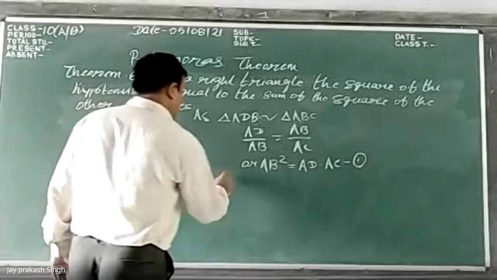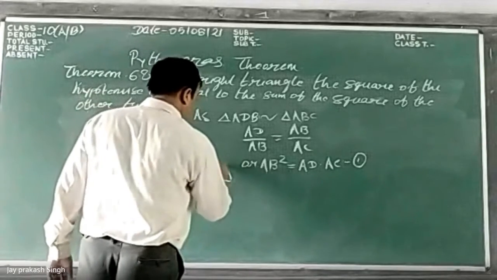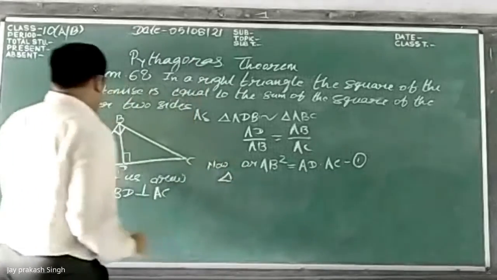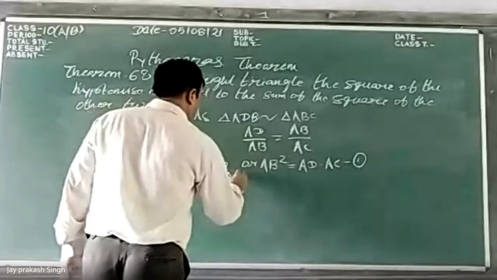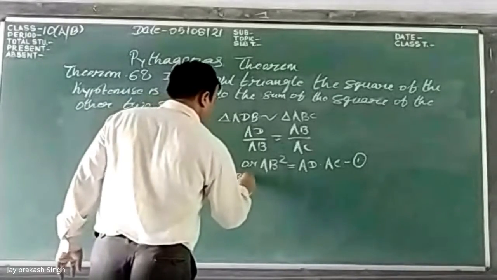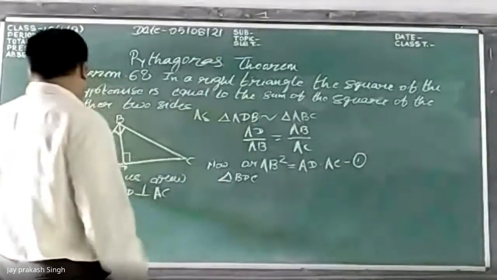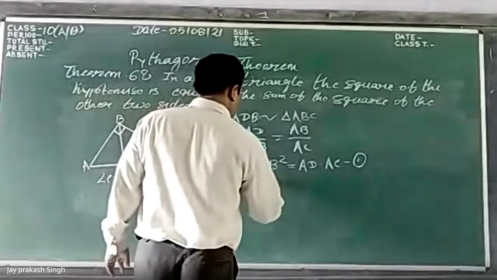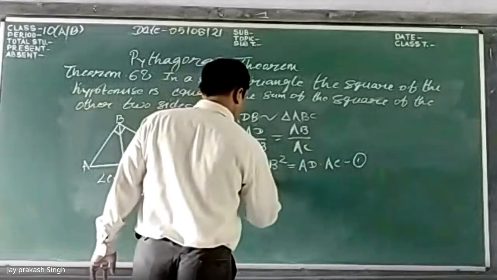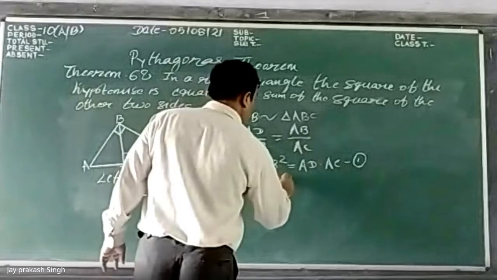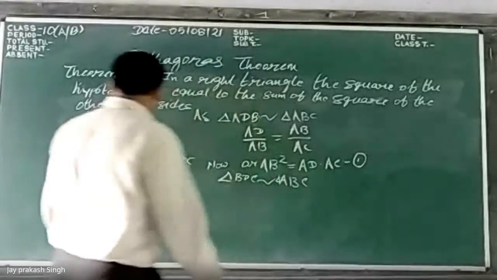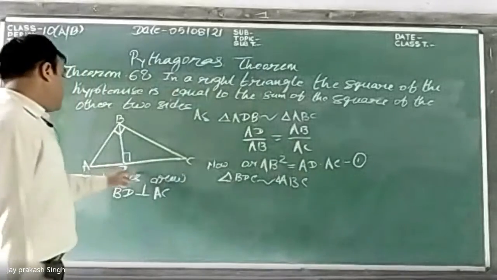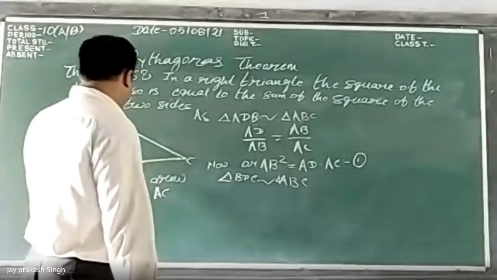Now in triangles BDC and ABC, we have DC. We will put the perpendicular side on DC.